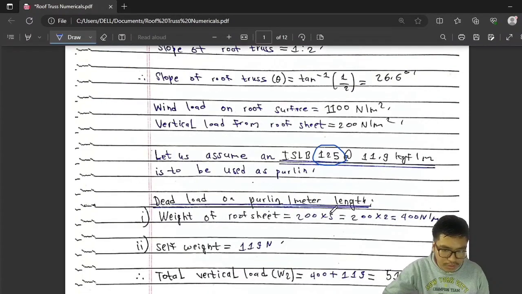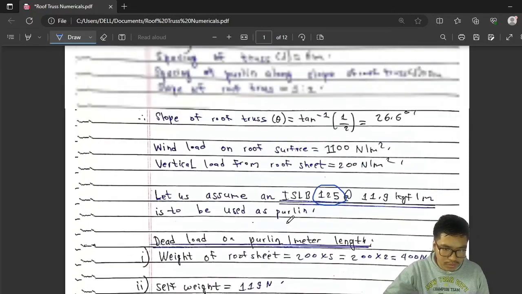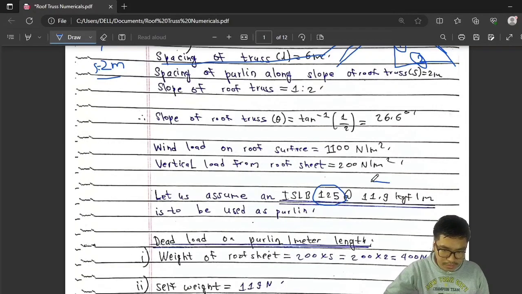That is 200 into 2, 400 Newton per meter, and self weight of purlin is 119 Newton.